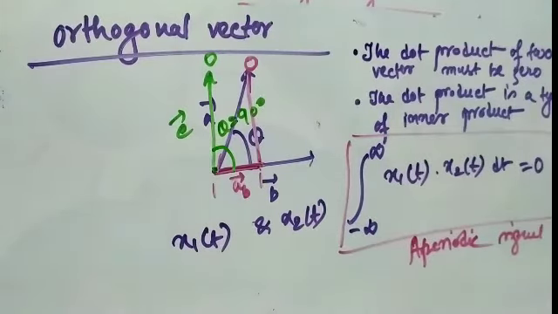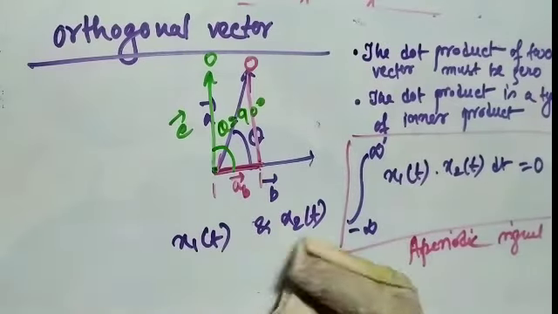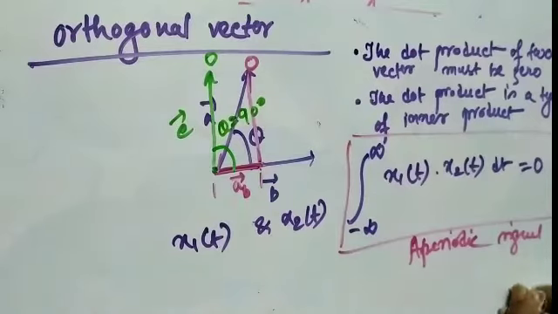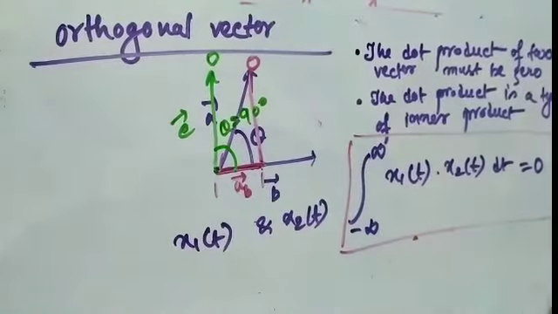So this is the condition for non-periodic orthogonal signals. So what is it for periodic orthogonal signals? Now I move to that topic. The same condition is true for orthogonal signals and for periodic with some modification.